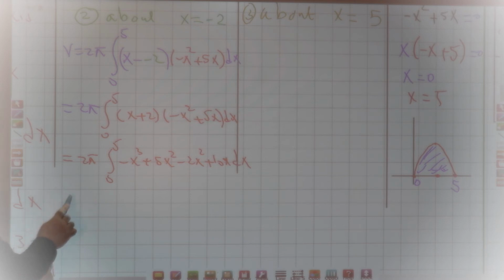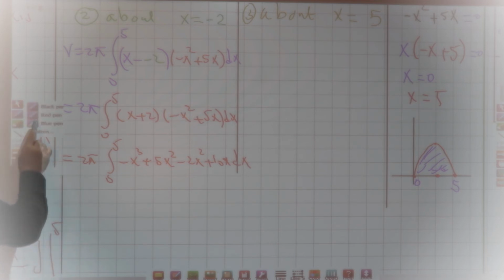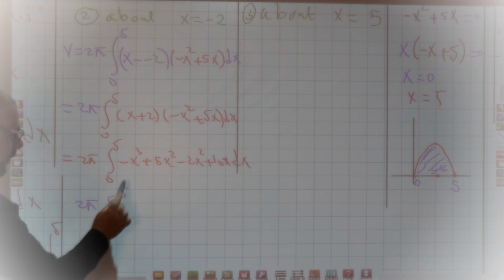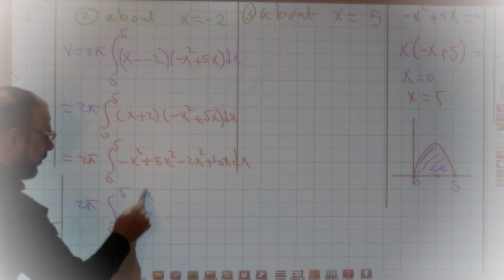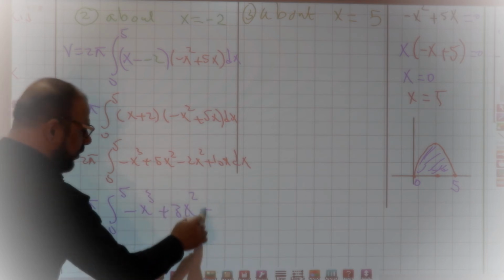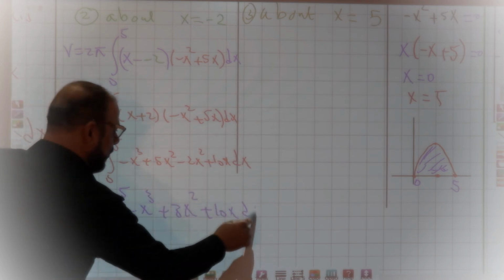Equal 2 pi, 0 to 5, negative x cubed plus 3x squared, plus 10x dx.